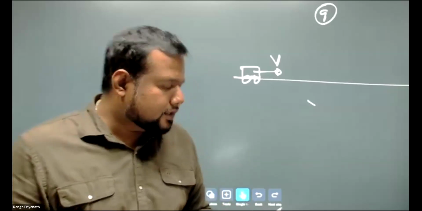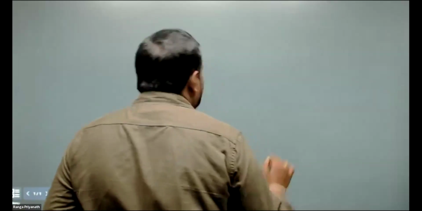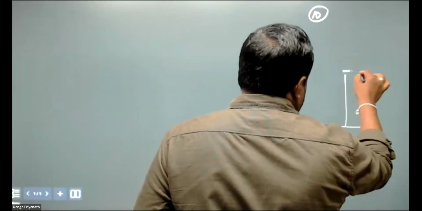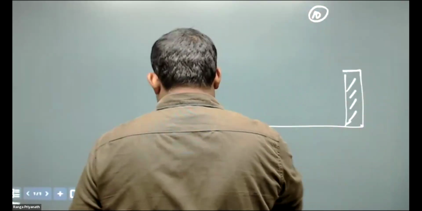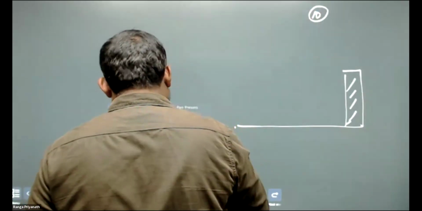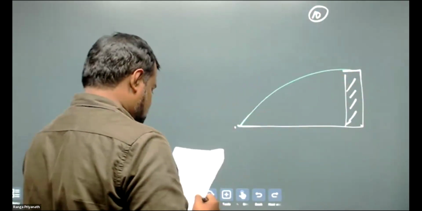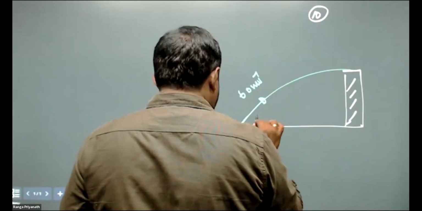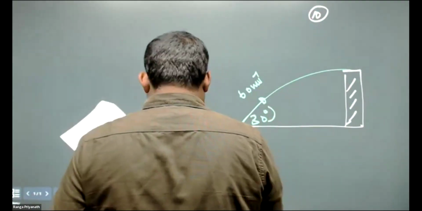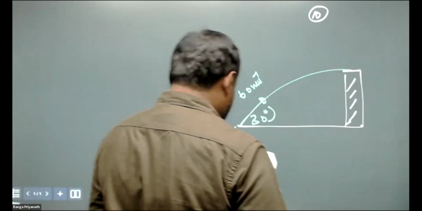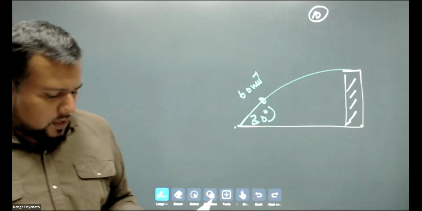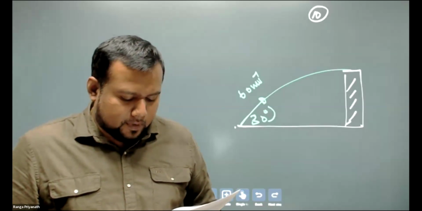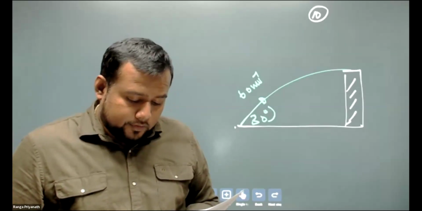Let's move to question number 10. After impact, a cricket ball leaves the bat with a velocity of 60 m/s at an angle of 30 degrees with the horizontal.